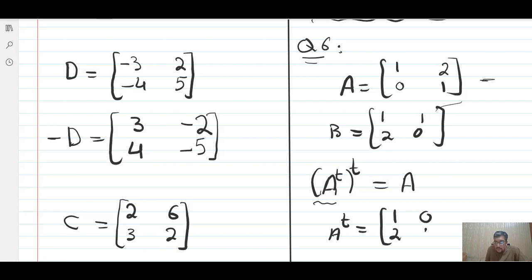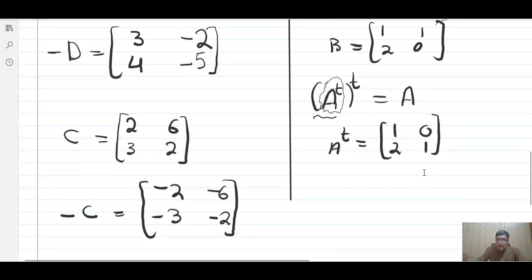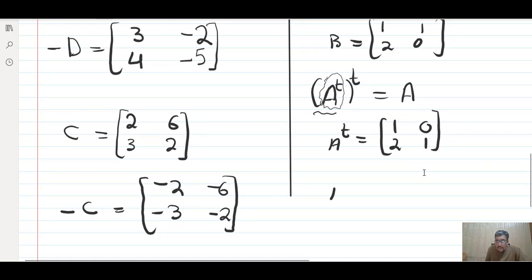Now I have to find A transpose of transpose, so we take the transpose of this. It will become 1 0 2 1.